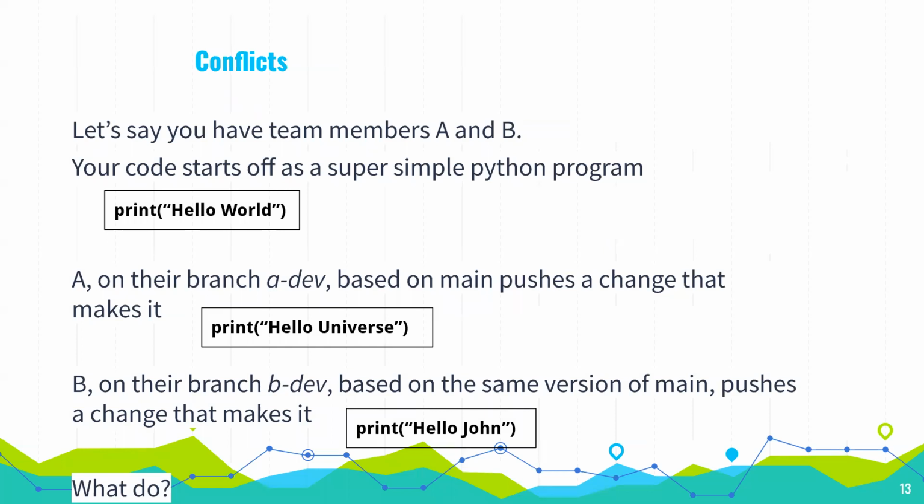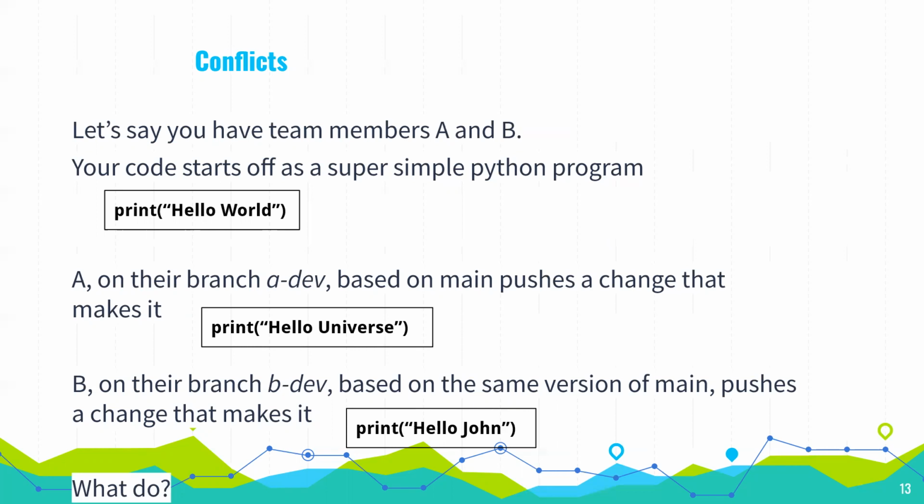All right, so let's say you were trying to merge two branches and you have a conflict. Your initial program says print hello world, and then person A changes it on their own branch to say hello universe, and then person B says hello John. And then you try to merge those two.